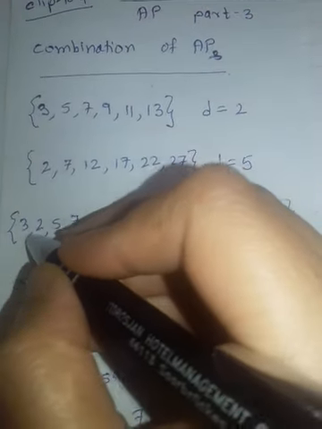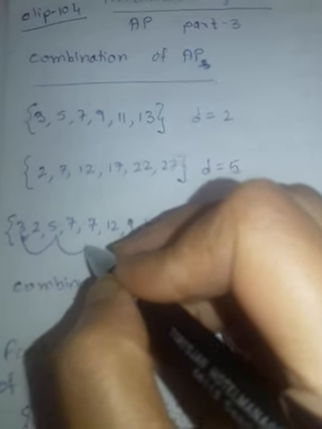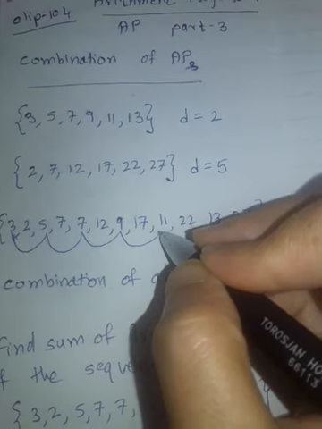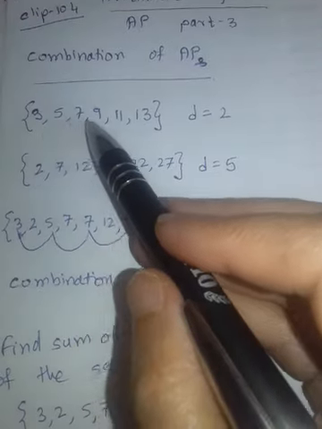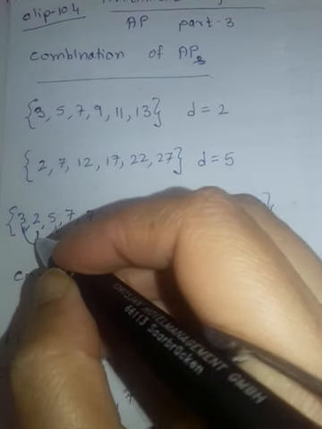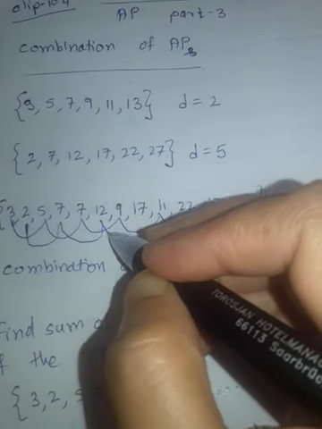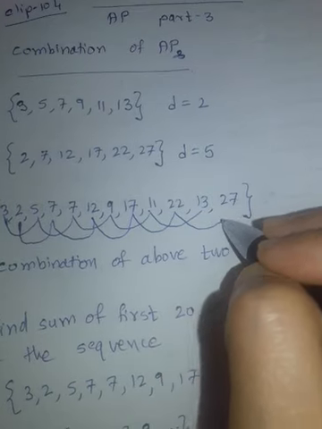3 है, then 5, then 7, then 9, then 11, then 13. All alternate numbers I wrote here. And now remaining numbers. 2, then 7, 12, 17, 22, 27.